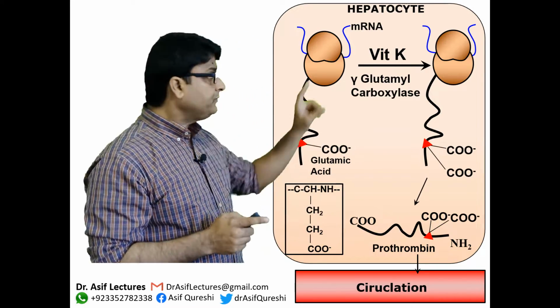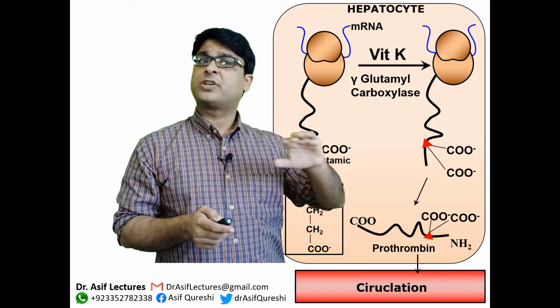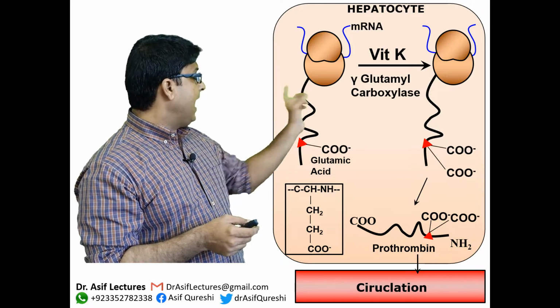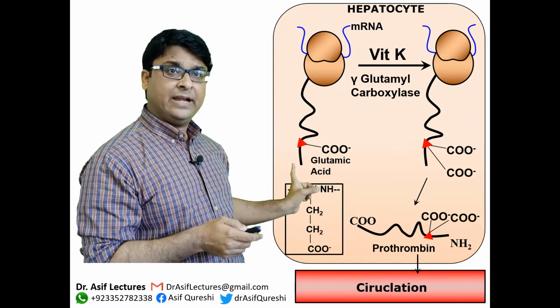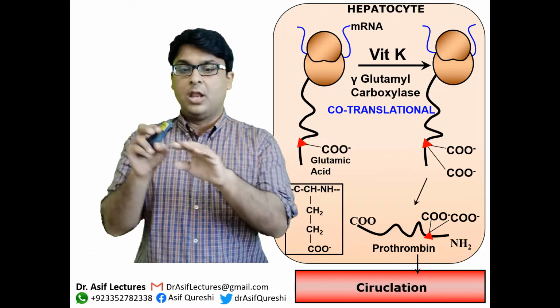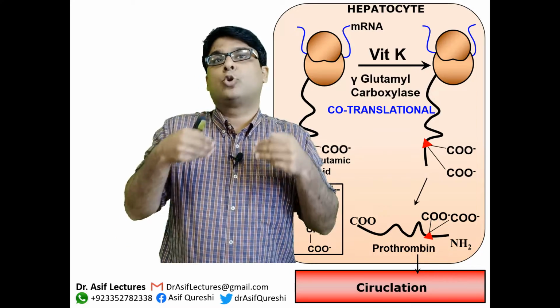Now, you see, all this is happening while the process of translation is continuing. Protein is being made, translation, and also the carboxylic acid group is being added. This is why the mechanism is called co-translational. Translational processes are going on and carboxylic acid groups are being added.